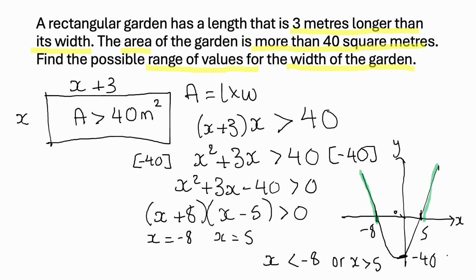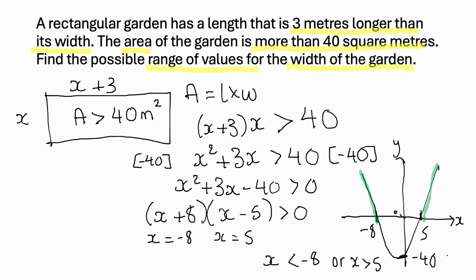But that is not it, because we always have to put our answer in the context of this question. It tells us to find a possible range of values for the width of the garden, for x. So if x has to be less than -8, that means x could be -9, -10, -11, and so on. But because of the context of the question, we are using measurements, meters, lengths, we can't have a negative measurement.